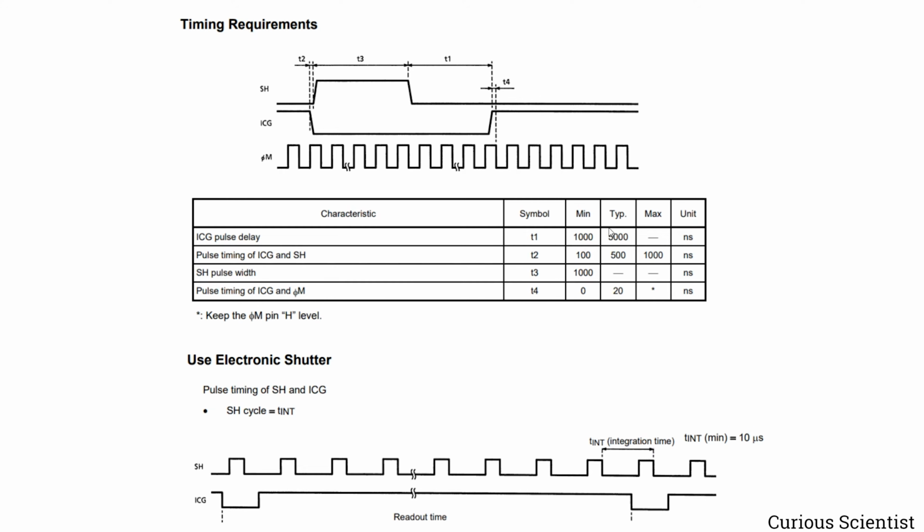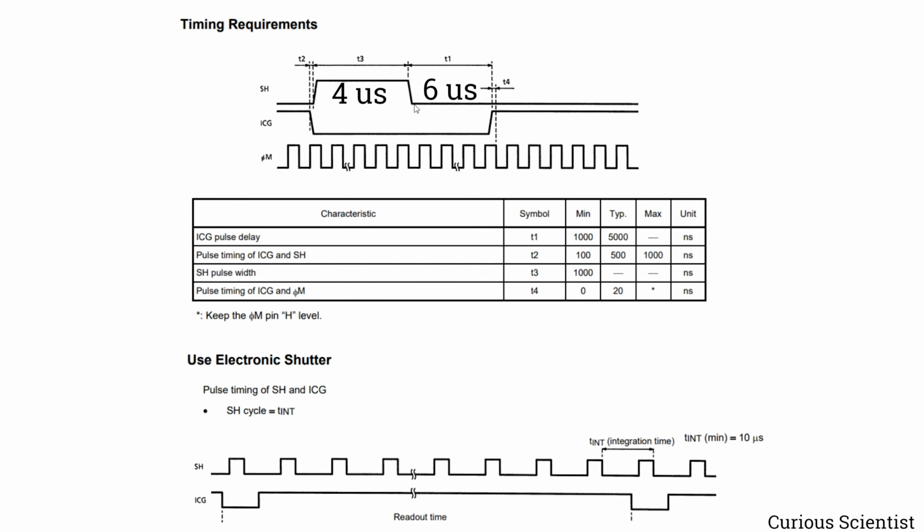For the ICG being low, T2 plus T3 plus T1 is at least 6,500 nanoseconds, so 6.5 microseconds. So we keep the SH high for T3, which is at least 1 microsecond, but I will keep it for 4 microseconds.